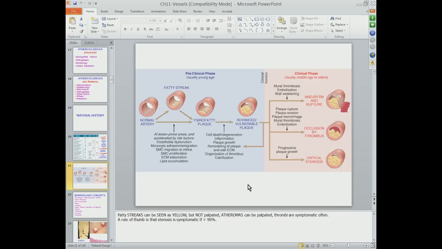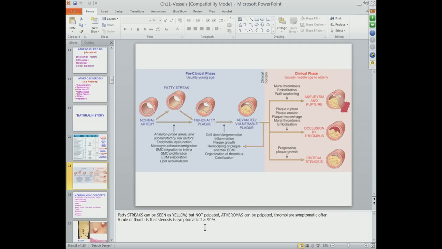Now, I don't know if you've seen many arteriograms, especially coronary arteriograms, but you'll see radiologically that there's been a stenosis of an artery, and your uncle goes into the hospital with chest pain, and he says, "Oh yeah, you have a stenosis. You have to have a stent or a bypass or whatever." And the rule of thumb, remember, when you look at arteries, you're not looking at all 3 dimensions. You're looking at 2 dimensions. You don't know the full diameter of this compared to the normal diameter, but the general rule is stenoses are generally symptomatic if they're greater than 90%.